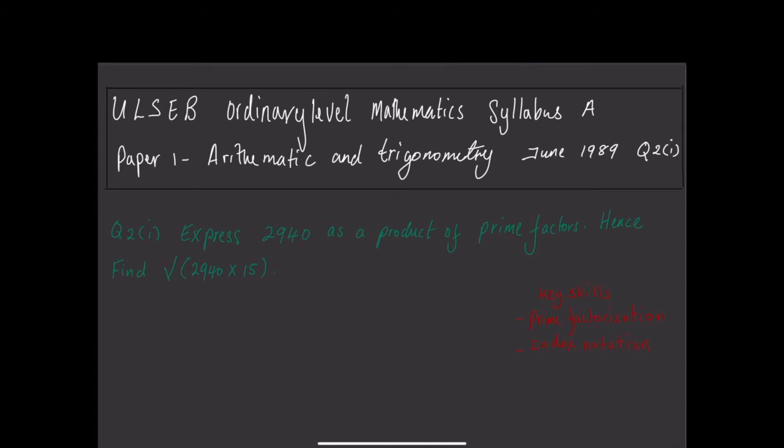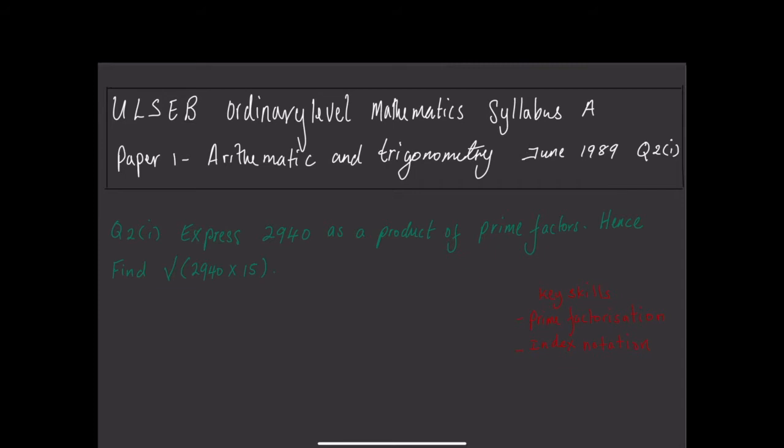Now this question is sort of a step question where you have to use part A to help you find part B. So the key skills that you need to know are obviously prime factorization and then a bit of index notation. If you think you know how to do the question, stop the video, have a go at the question.